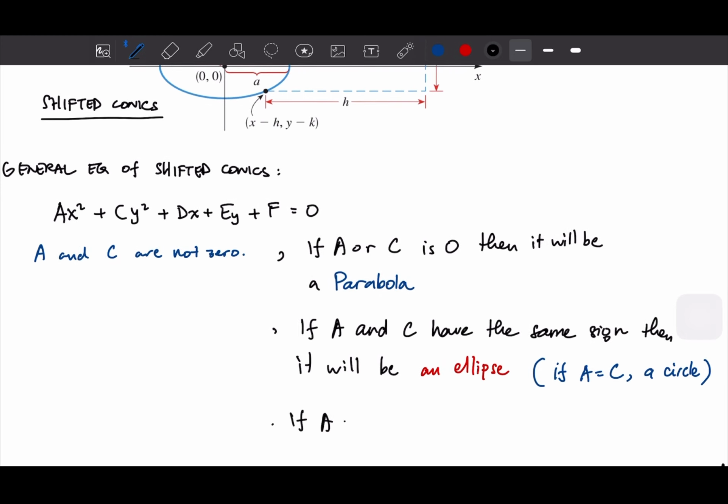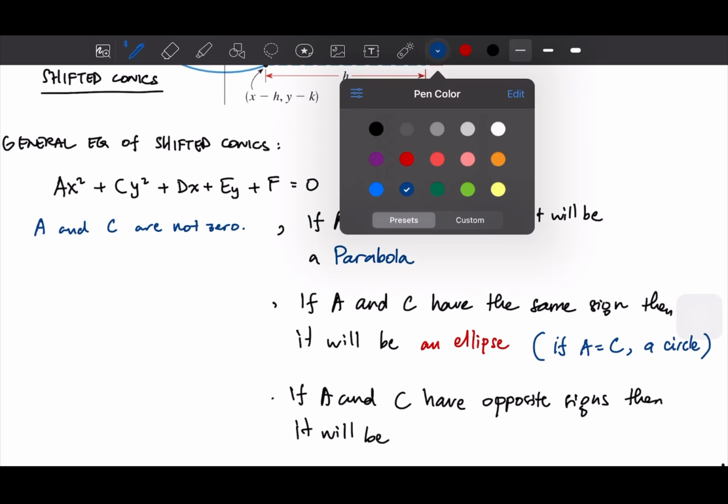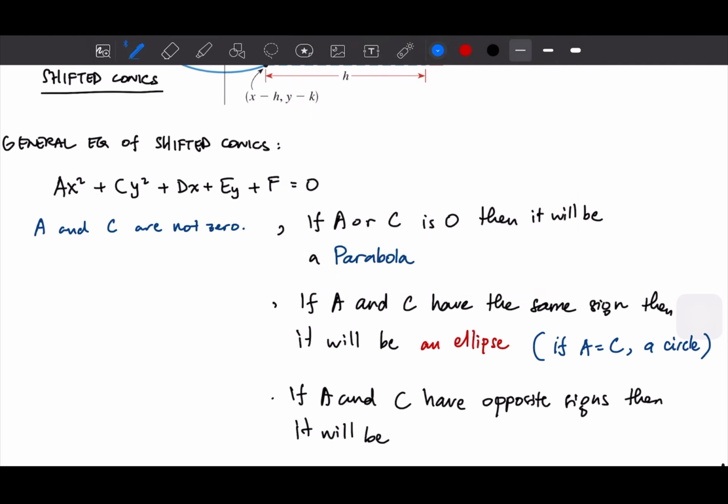If A and C have opposite signs, then it will be a hyperbola.